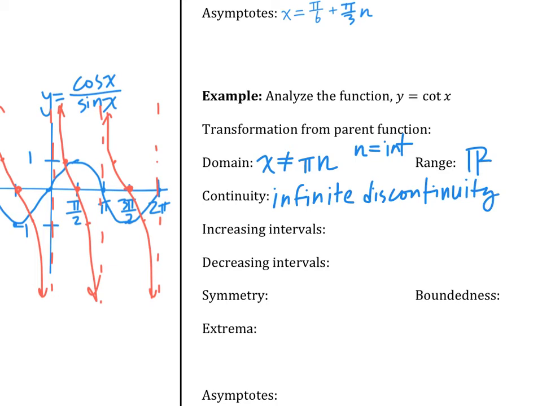Increasing. Nothing. None. Decreasing. Yes. From where to where? 0 to pi. Do I include 0? No. Do I include pi? No. Okay, so 0 to pi. Every pi.